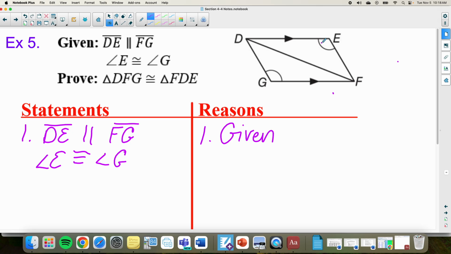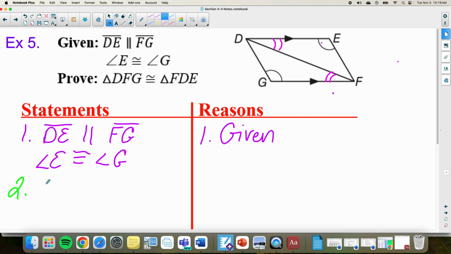Alternate interior angles. When you see parallel lines, you need to think of alternate interior, and that would be this one and this one, okay? I have to use 3 letters there.